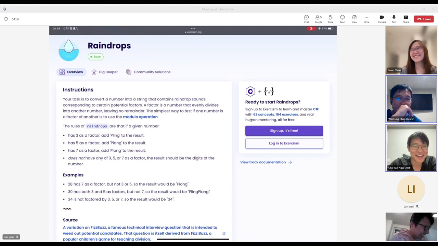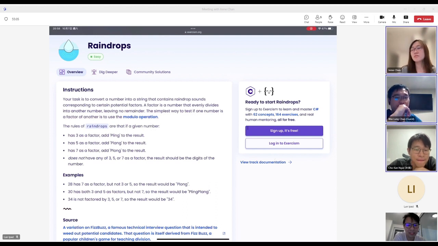Makes sense. Can we use 3 ifs and no else? Yes, you can use 3 ifs without else. So you mean the first one is to check whether it's divisible by 3. If yes, then concat pling to the result. The second one is to check if 5 is a factor, which means it is divisible by 5.